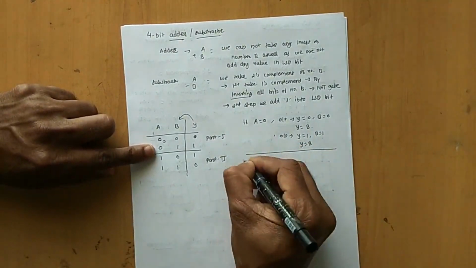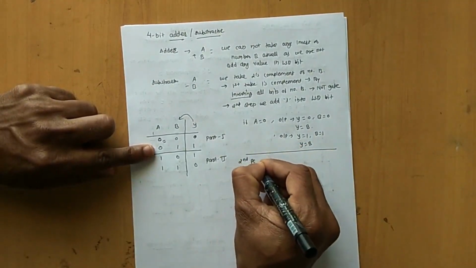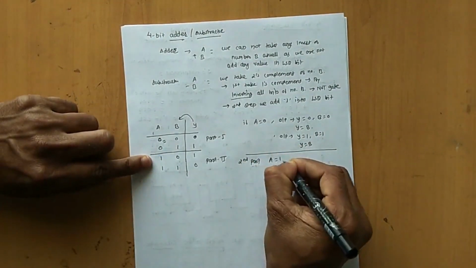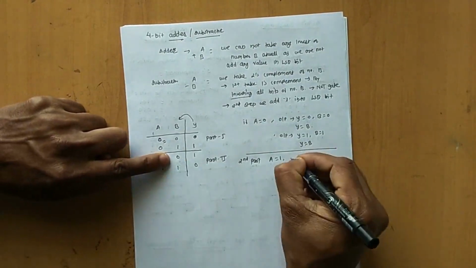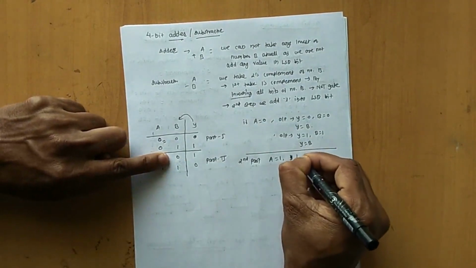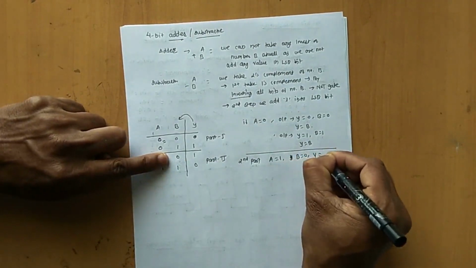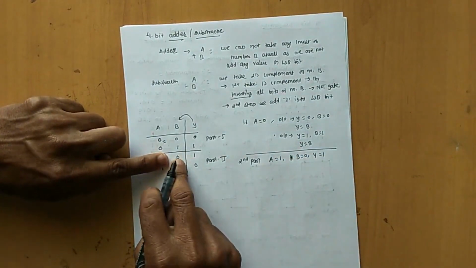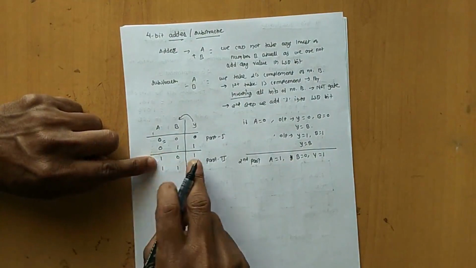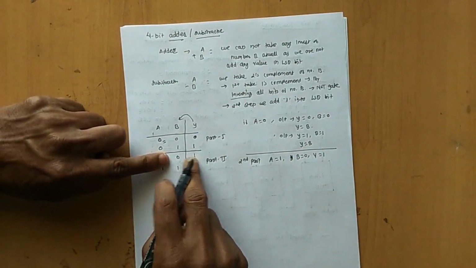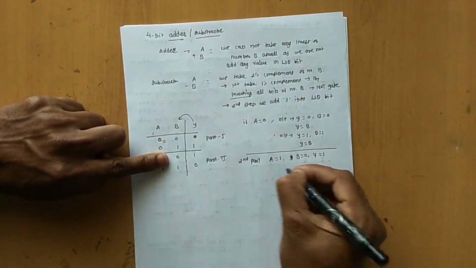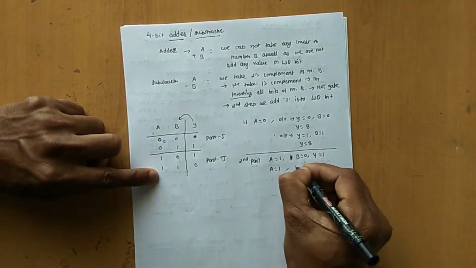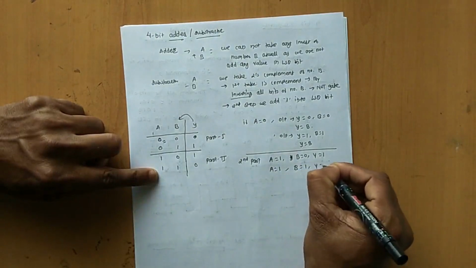In the second part, for the conditions of A equal to 1: if B is equal to 0, Y is equal to 1. Just compare Y in terms of B. If A is 1 and B is 0, Y is 1. In the second condition, A is equal to 1, B is 1 and Y is 0.